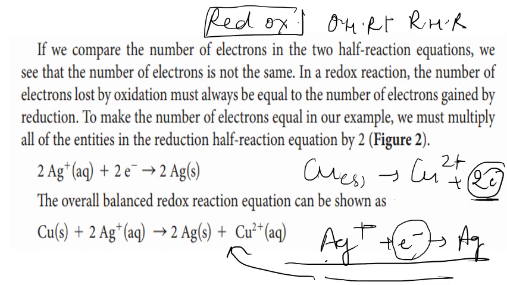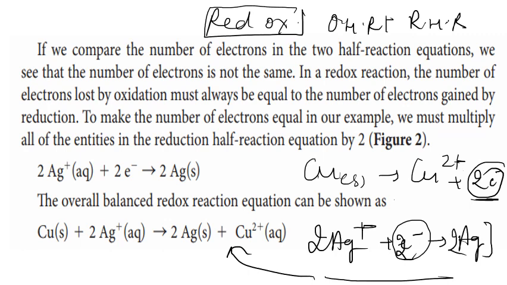So how can this be turned to 2? You multiply this full equation by 2. So what would be the result? When you multiply by 2, it will be 2Ag plus plus 2 electrons becomes 2Ag, right? Now you can go ahead and add them. Okay, so this is one of the rules.